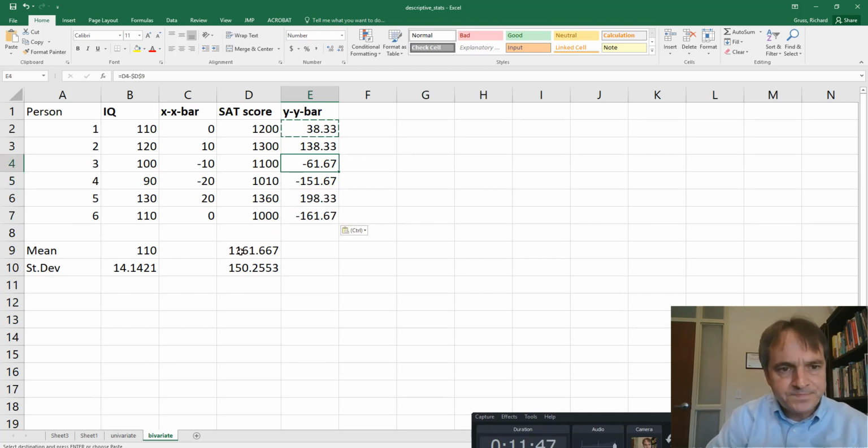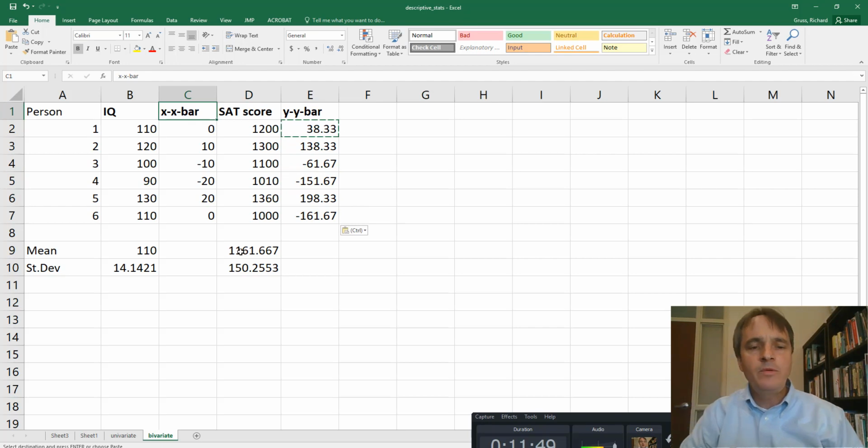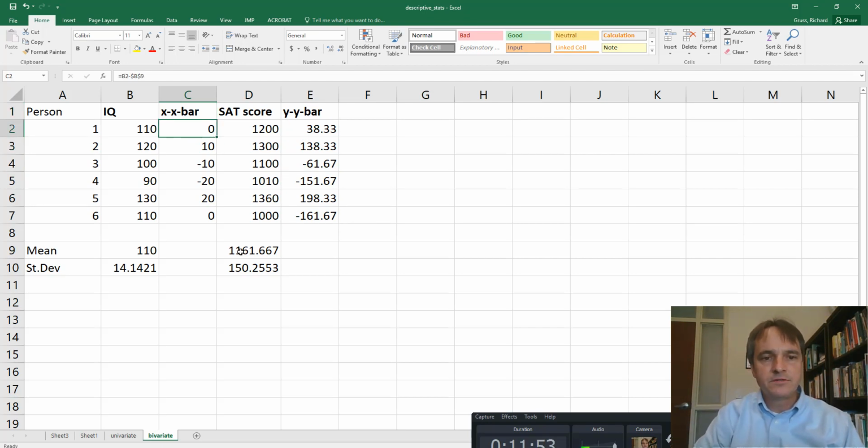Now we can start to see how these two move in relation to each other. This one is no different from the mean, so that doesn't tell us anything. But in this case, the IQ in this observation is 10 points above the mean, and the SAT score is 138 points above the mean.